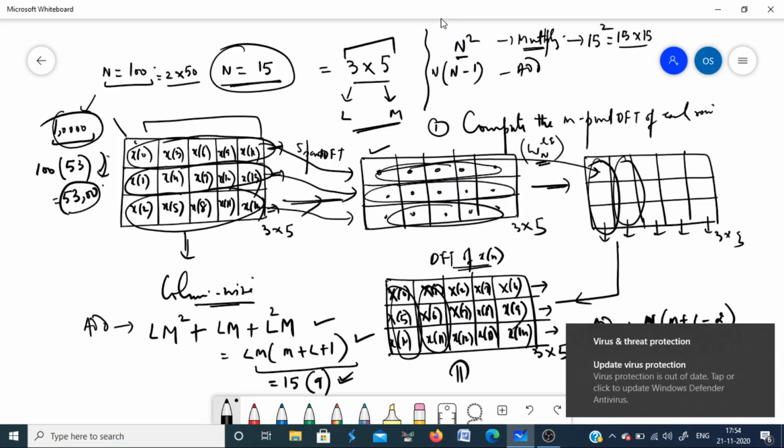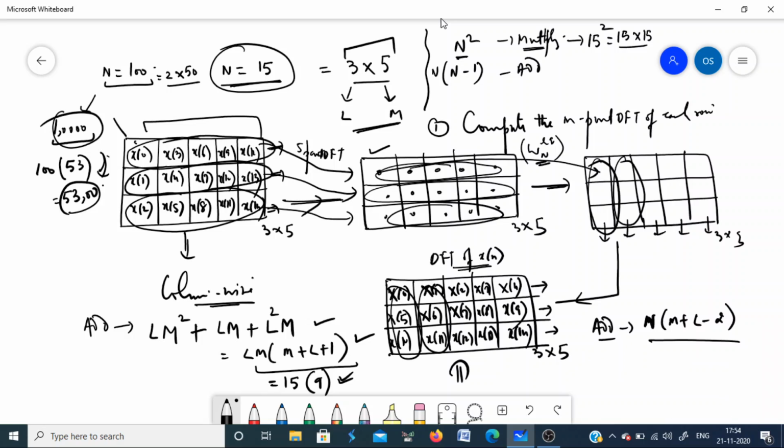So you break an N-point DFT into smaller DFTs, first compute the smaller DFTs, and then combine them together to form the N-point DFT. Next we will see that this is a general approach; any DFT can be computed using this.